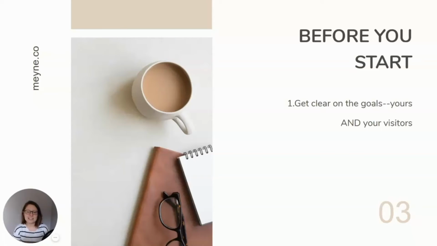And you're going to see, once you start listing them down, which I'm going to walk you through in a second, once you start getting clear on your goals and their goals, a really cool thing is that they are intertwined and they overlap. When you have something that you really know and can really help people with, well, that's why they're coming to you.